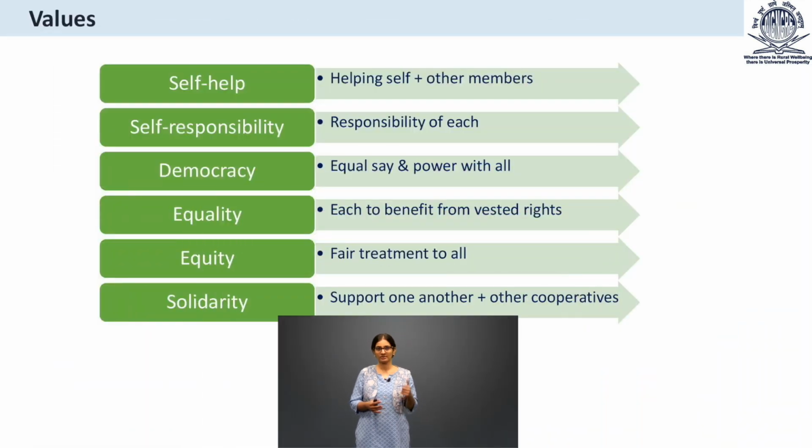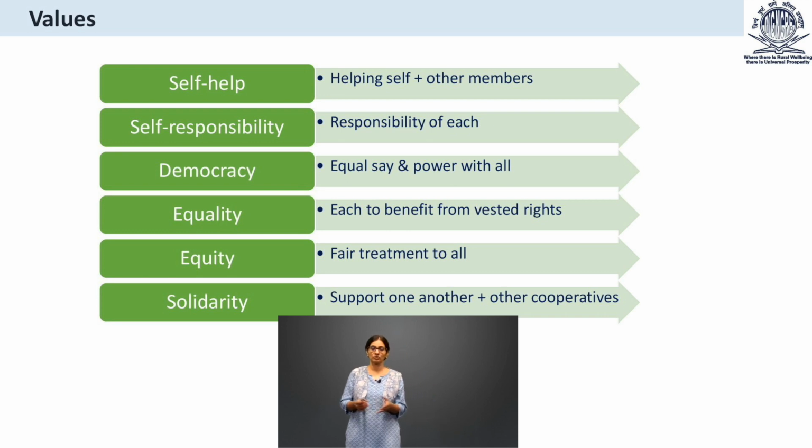So having understood how we define a cooperative and what are the principles that make it a cooperative, we've got an understanding of what it is. But let's now move on to know some of the values which actually bring a cooperative together. So these values are self-help, self-responsibility, democracy, equality, equity and solidarity.